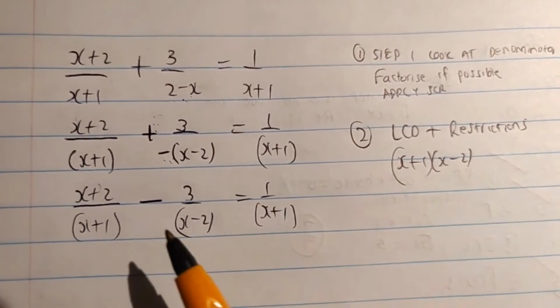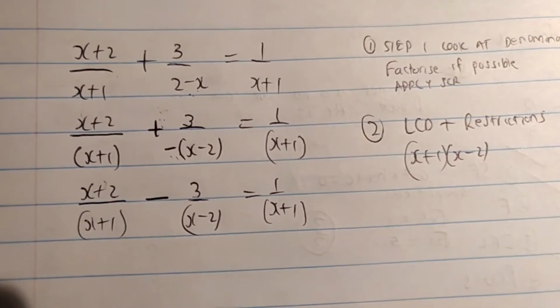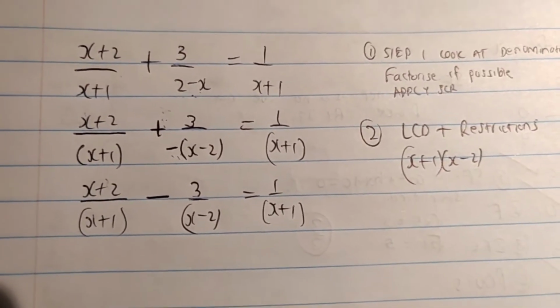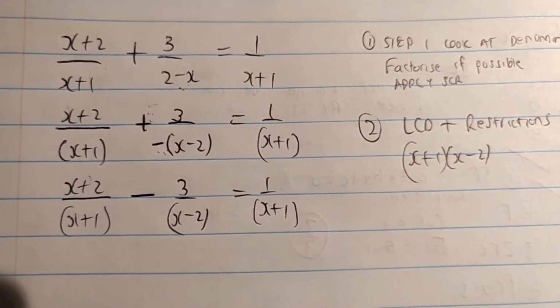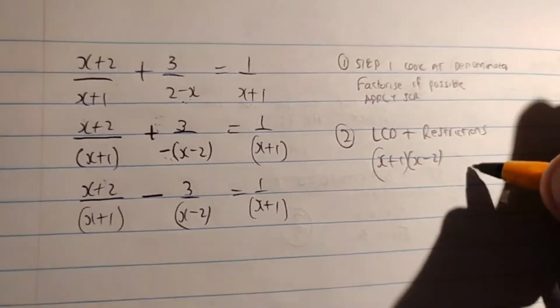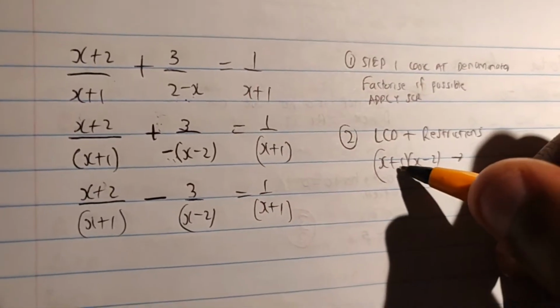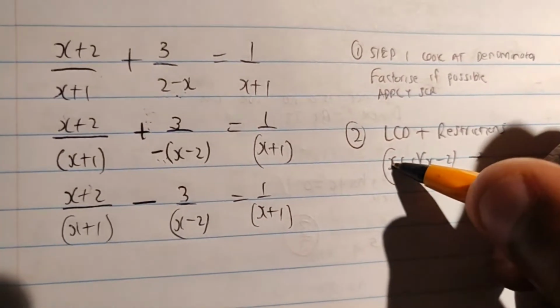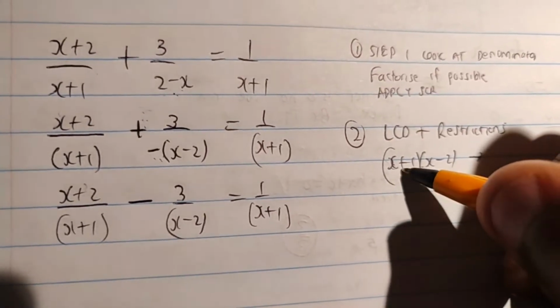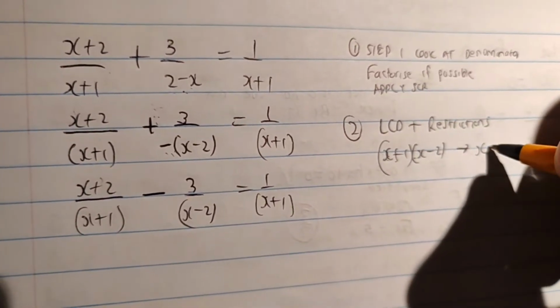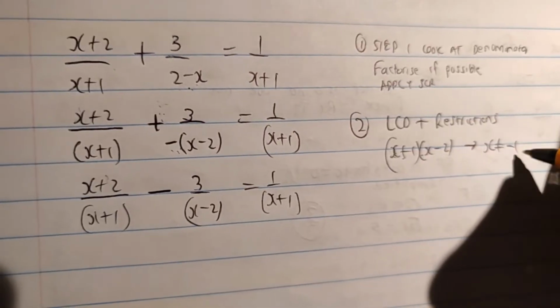Common brackets with the highest exponent are the brackets we identify that will make part of our LCD. From the LCD, if you look at this bracket, you are looking for x values that will make this bracket be 0. So what value should x not be? X cannot be negative 1.